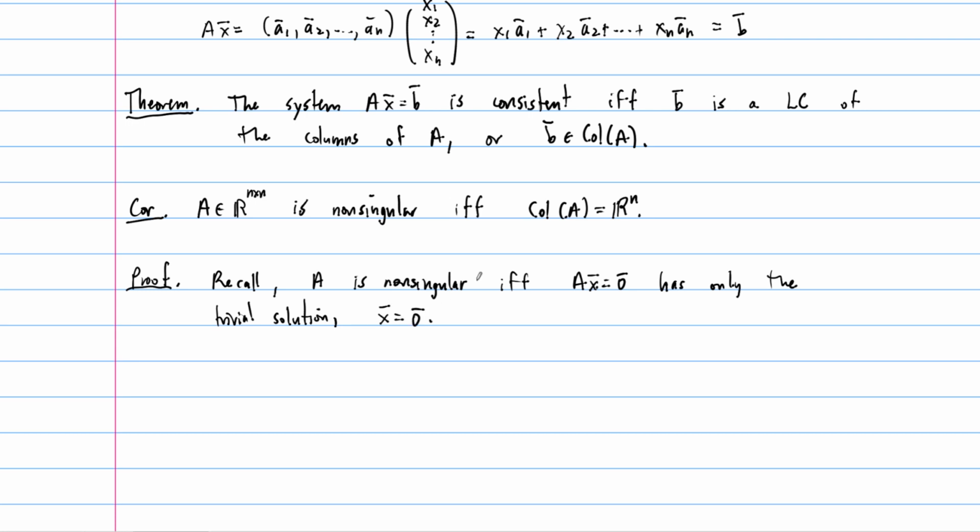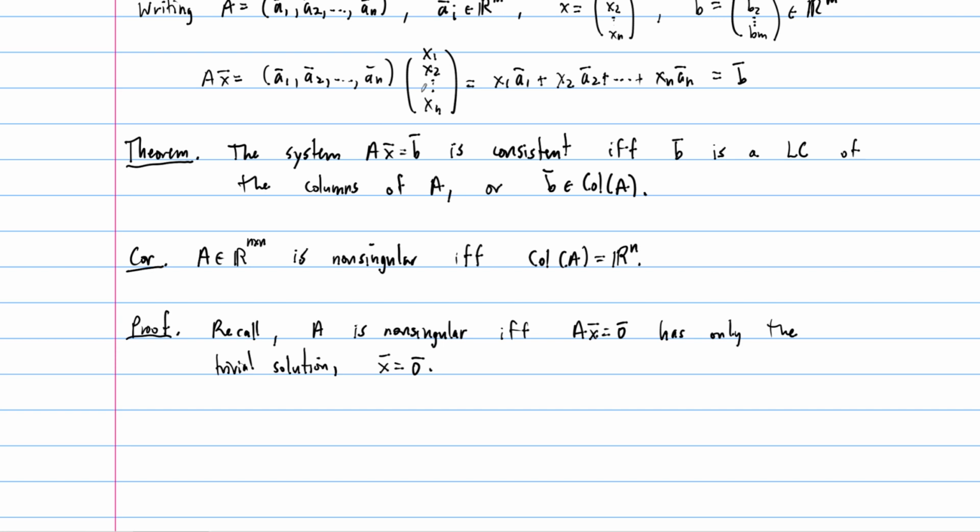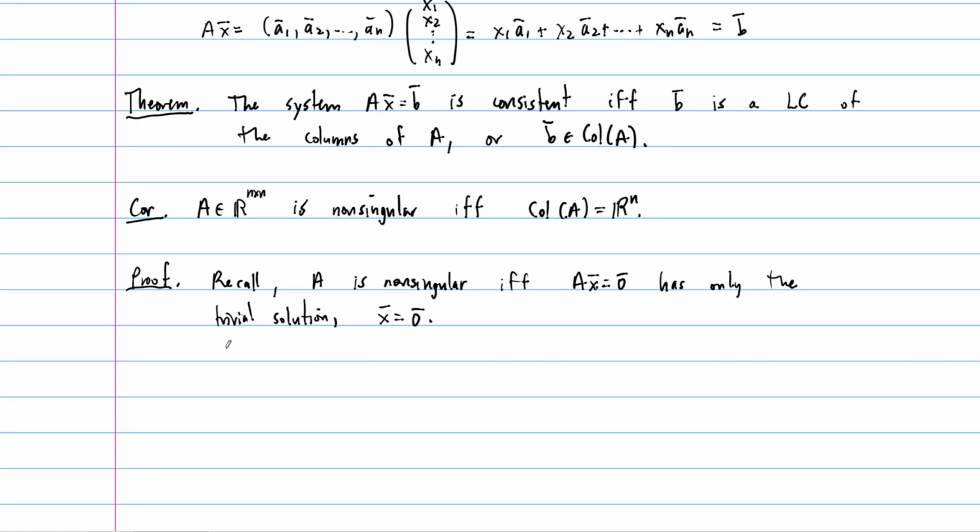So if we write this out in the context of what we just did on this previous example, if all the x's are 0, then what does this tell us? It tells us that the following is a criterion for non-singularity: x1 a1 plus x2 a2 plus all the way through xn an equals 0 implies that all these x's are equal to 0.